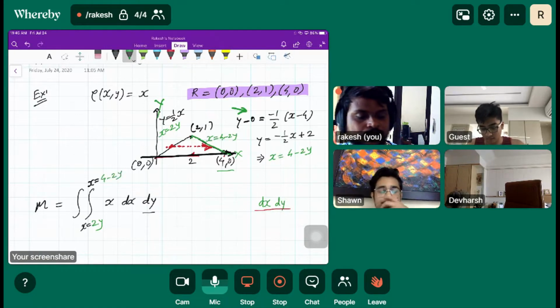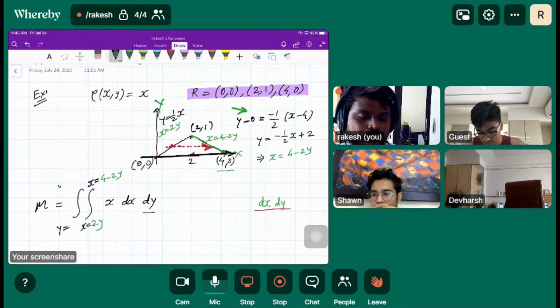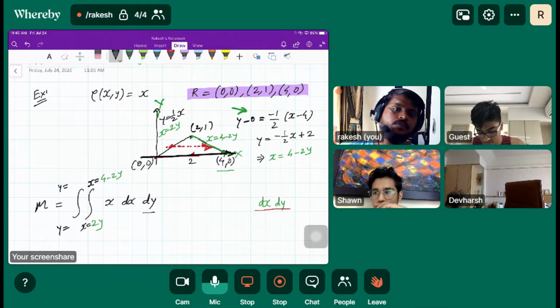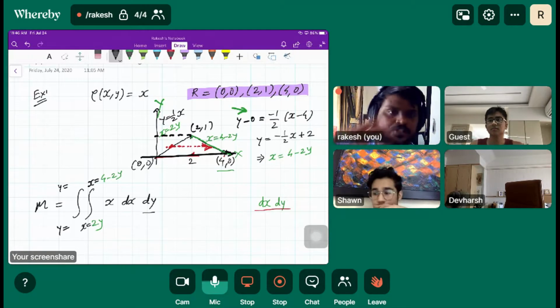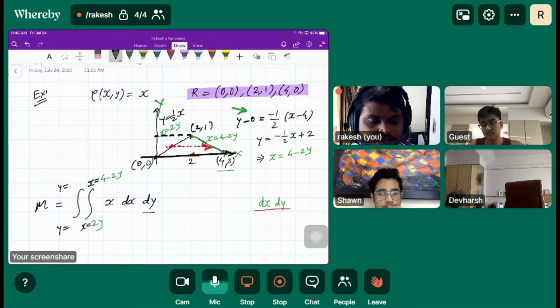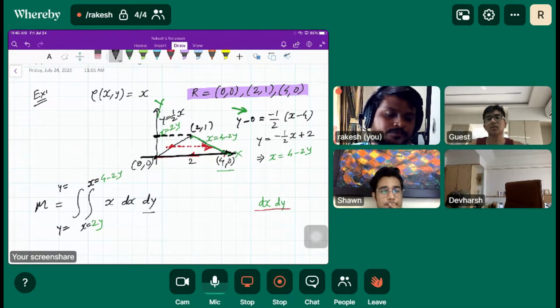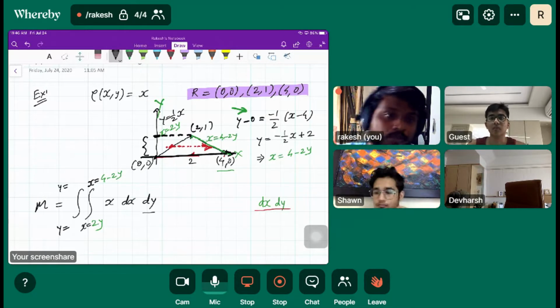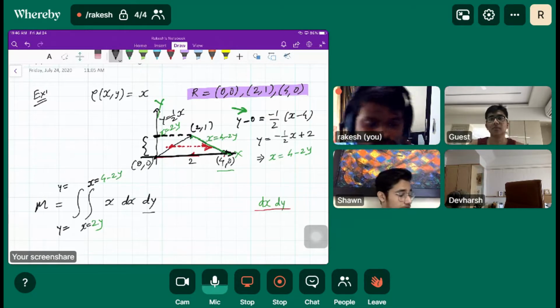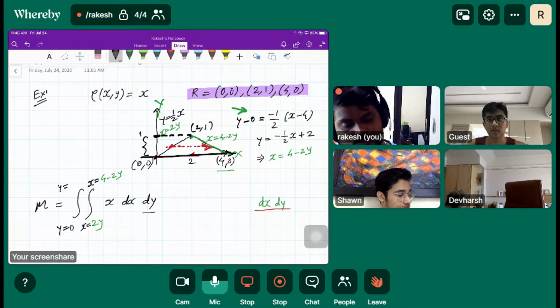And what about the limits of the outer integral? Now y is constant. Y is supposed to be between two constant values. So y is equal to 0 to what? 0 to 1. So y is equal to 0 to 1.